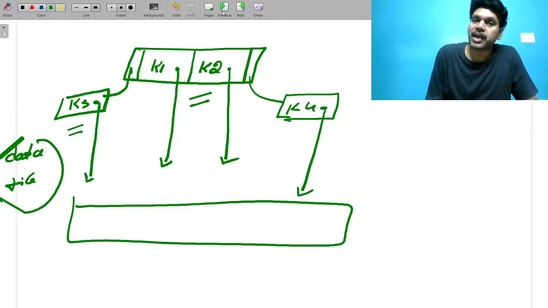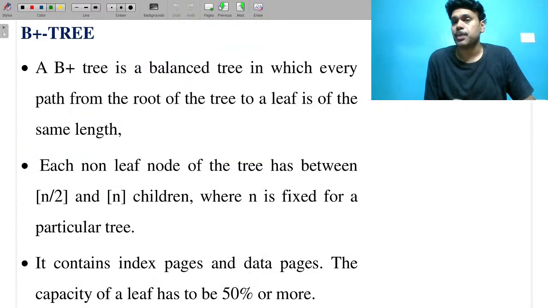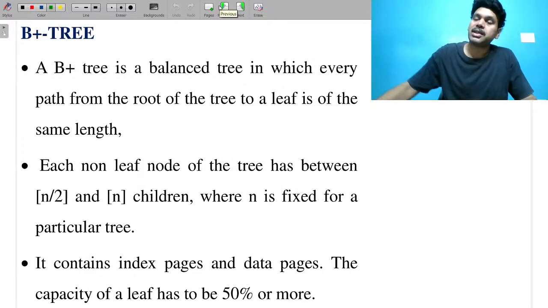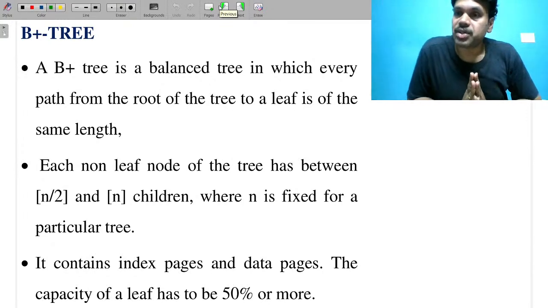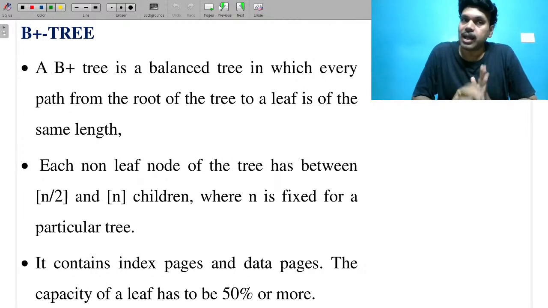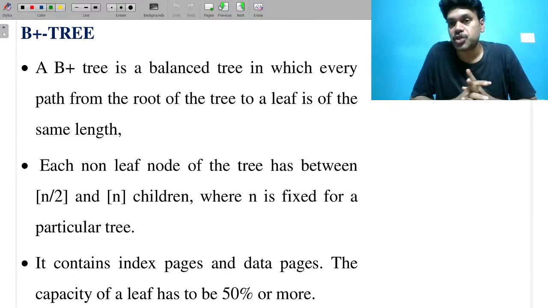So this problem can be eliminated with the help of B plus tree. If anybody asks you the difference between binary search tree and balanced search tree: in a binary search tree the maximum degree is only 2, and in a balanced search tree the maximum degree you can compute using the equation which I showed you.